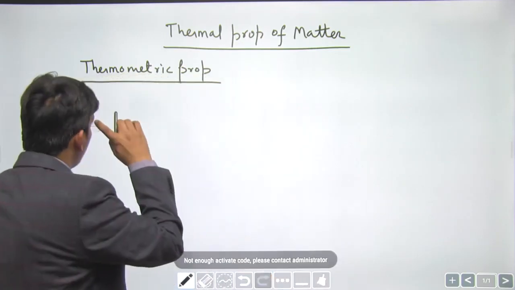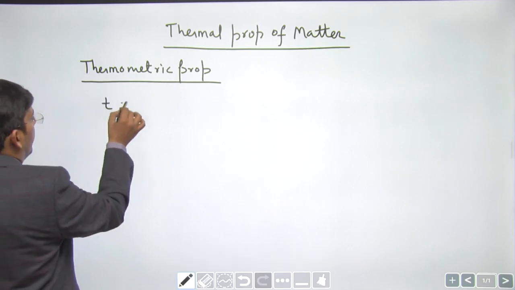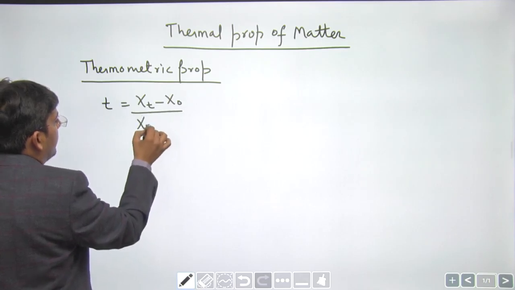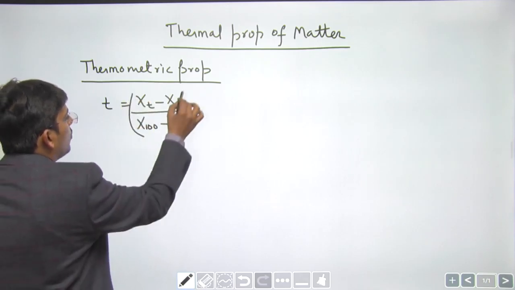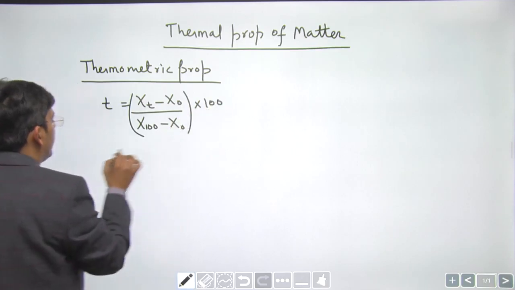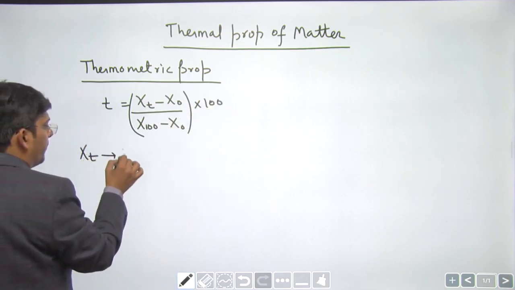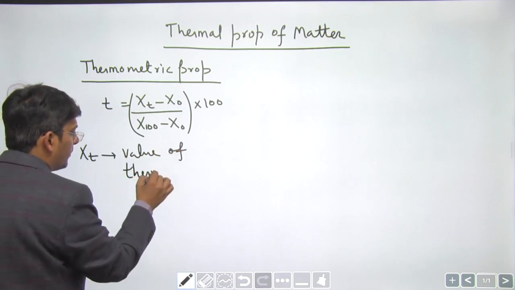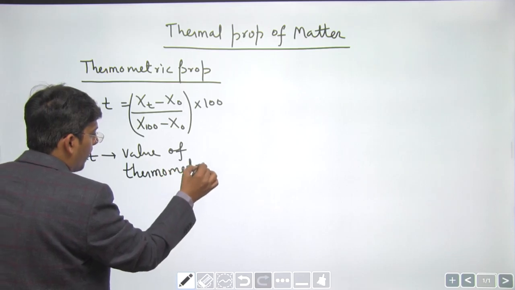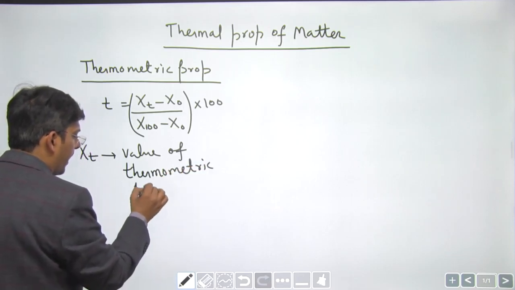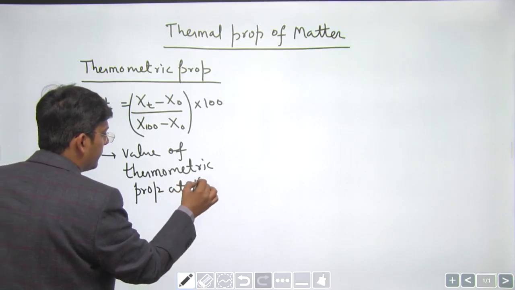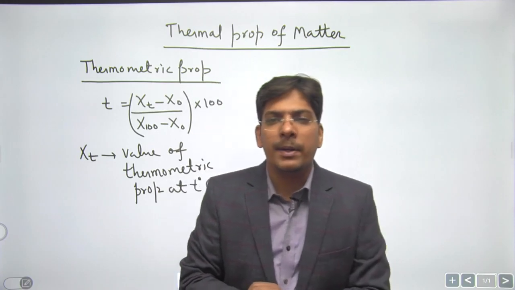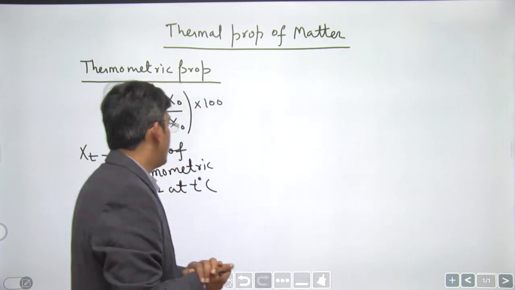We have a formula: temperature is given by Xt minus X0 divided by X100 minus X0, into 100. Xt is the value of the thermometric property at T degrees Celsius. X0 is the value of the thermometric property at 0 degrees Celsius. X100 is the value of the thermometric property at obviously 100 degrees Celsius.